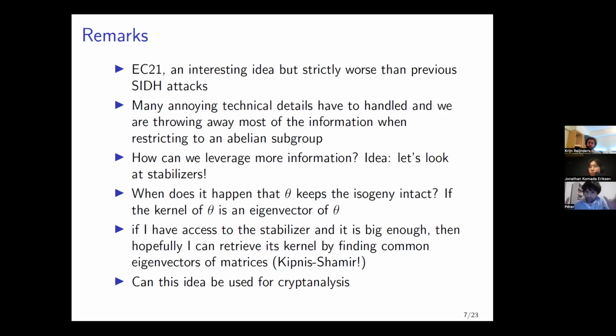Not quite, because you have a larger dimensional space, but very similar: you have a common invariant subspace of a bunch of matrices, and that's something you can compute. So that's why it makes a lot of sense to go for stabilizers, because you just look at the common invariant subspace of these matrices, and that will reveal your secret kernel.